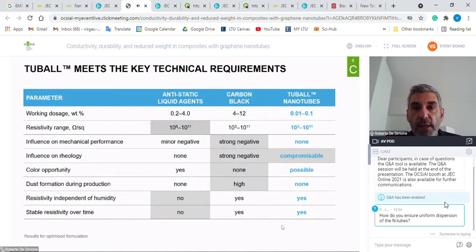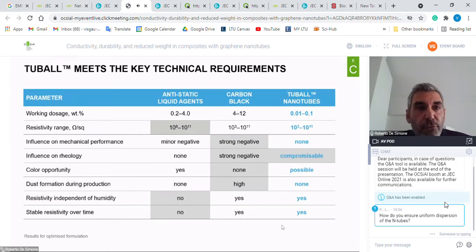This is just a very brief table to compare the very standard electrical conductivity agents with the Tubal benefit. We can say the antistatic liquid agent, the carbon black, which is very common, very traditional, I would say, and Tubal as nanotubes.